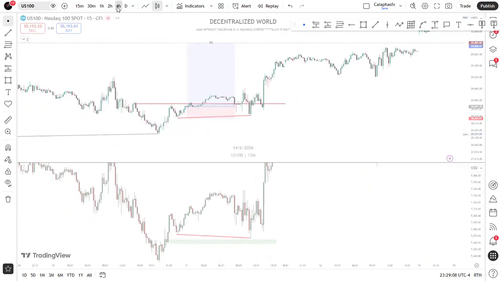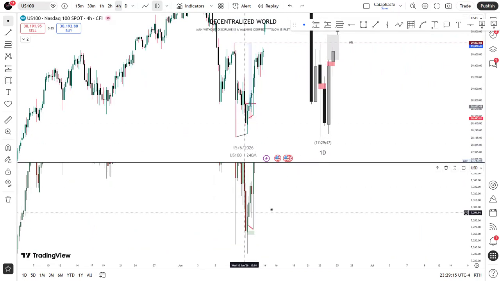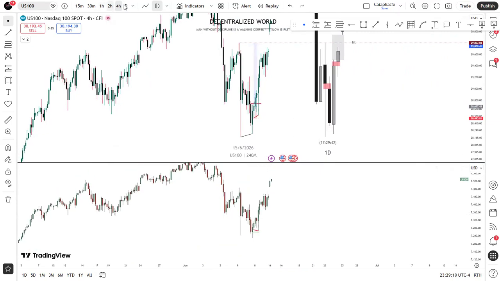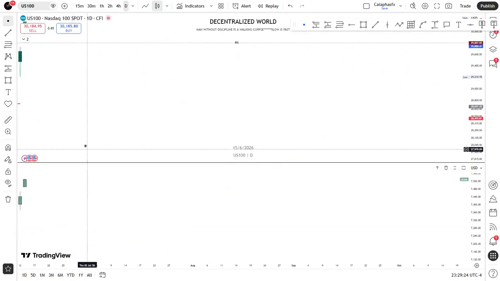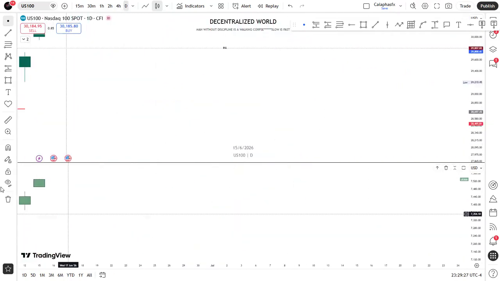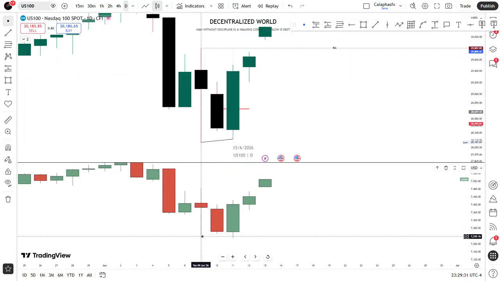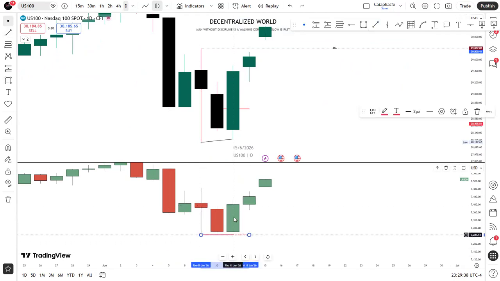But now the framework was initially what we've done already, which was, let me use the daily, from the external range to the internal range.